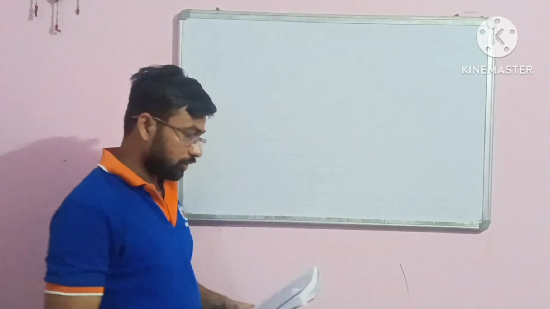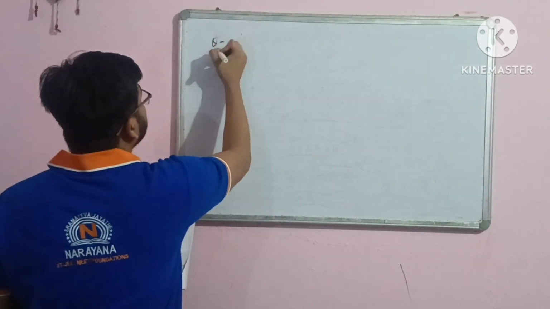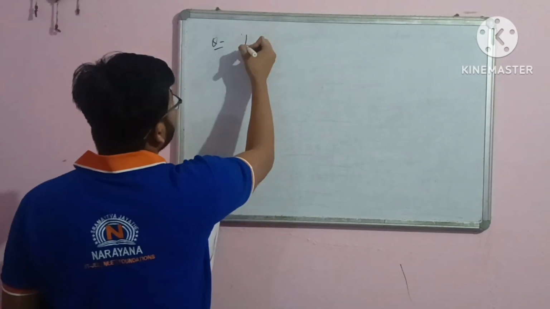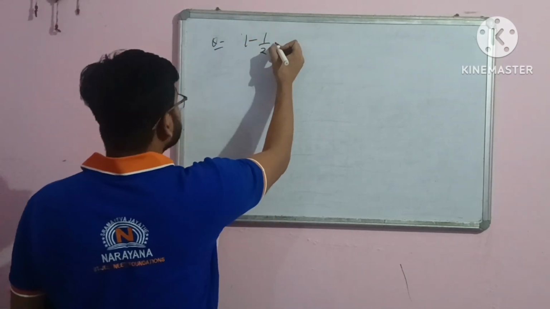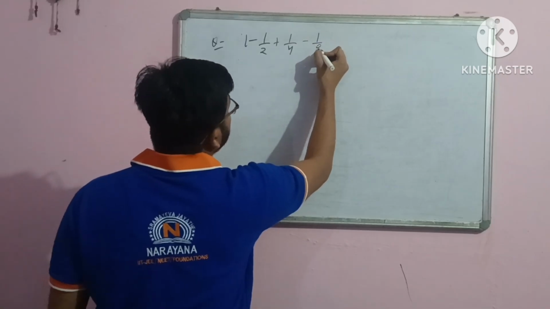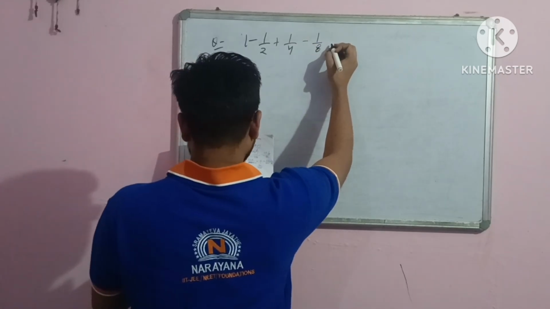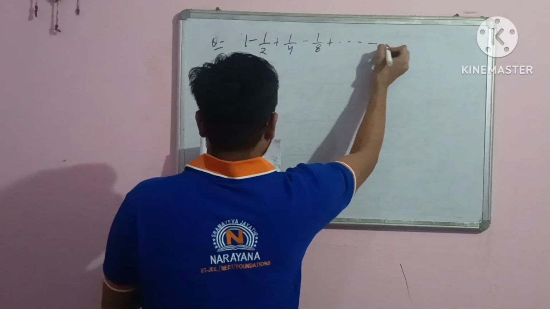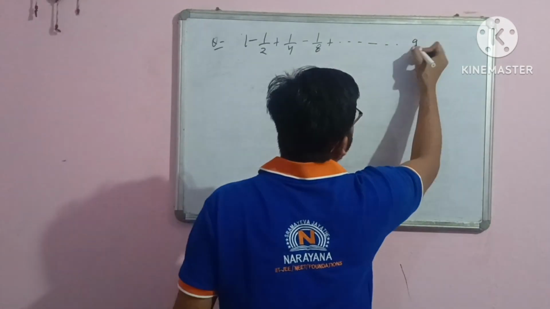Now we will solve the next question. In this question we have to calculate the sum of the GP 1 by 2, minus 1 by 8 and so on up to 9 terms.